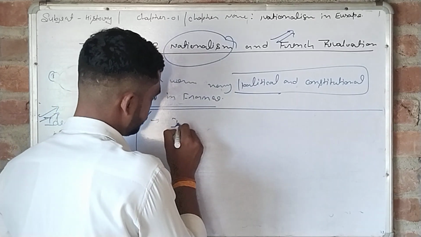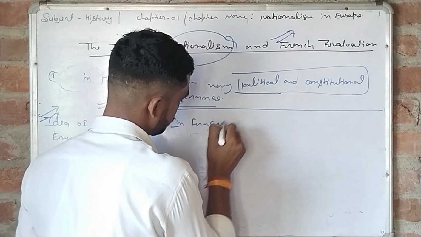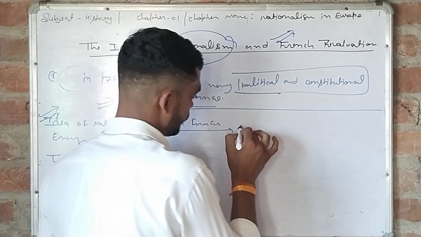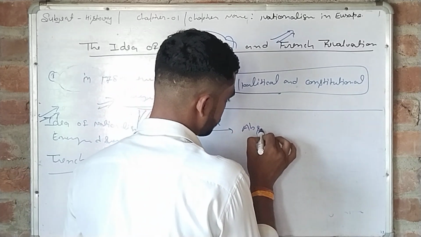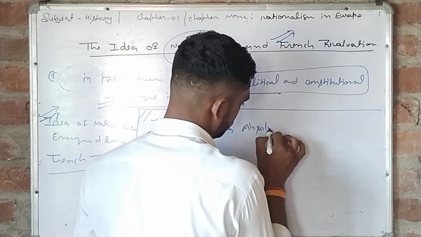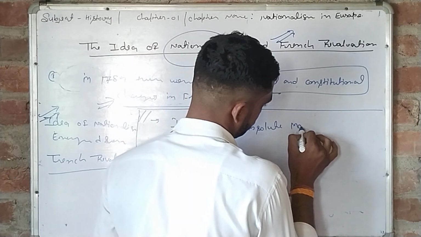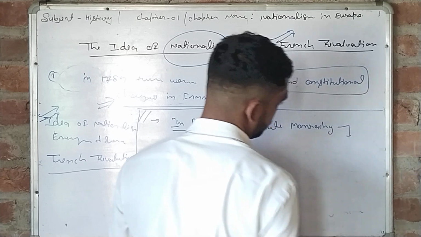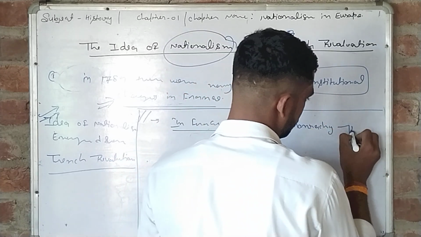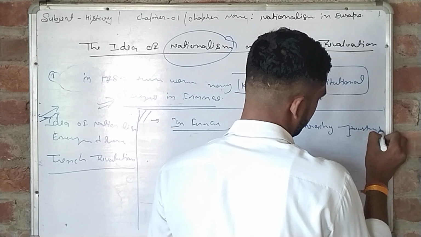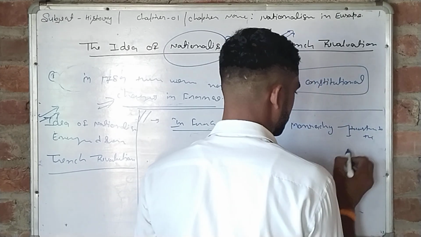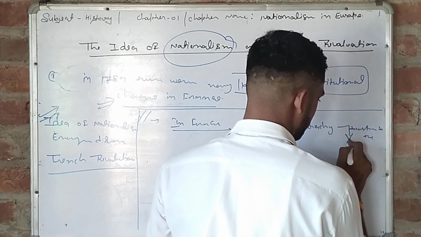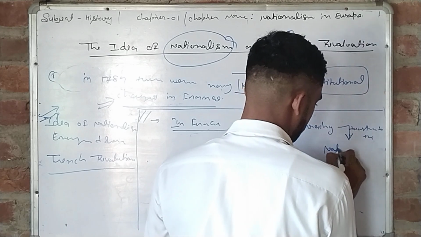Note that in France, absolute monarchy transformed to the nation state.